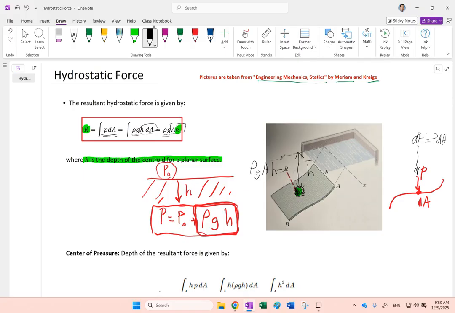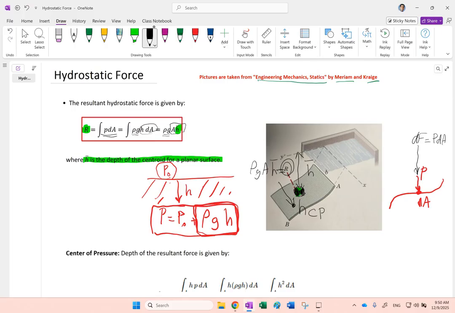But if they ask where this resultant force passes through, the answer is not the centroid. The point where this equivalent force is acting is actually a different point that we call the center of pressure.